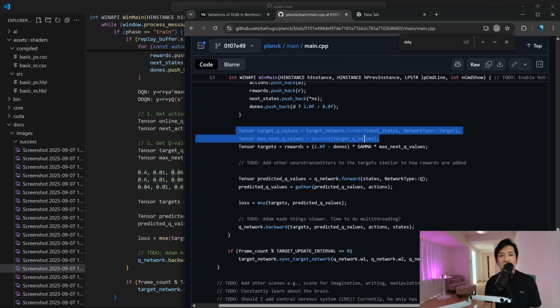So what I mean is that within these two lines of code, it both selected actions which would be most suited or preferred for next steps, and also evaluation.